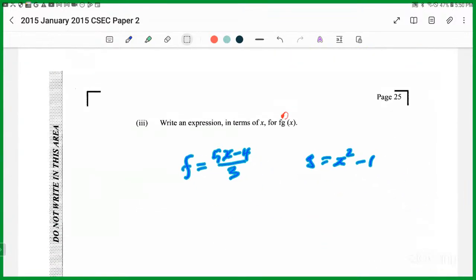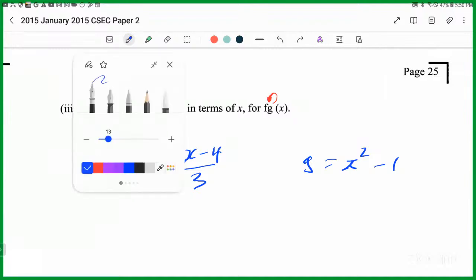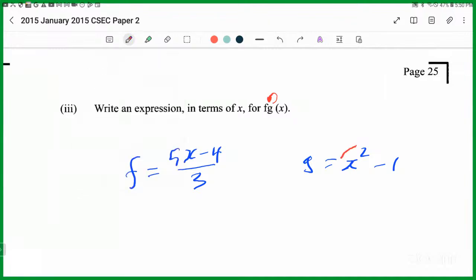So these are two functions. And I want f of g, which means g into f. Again, all of this g, bring it into the f right here. That's how we put g in there.